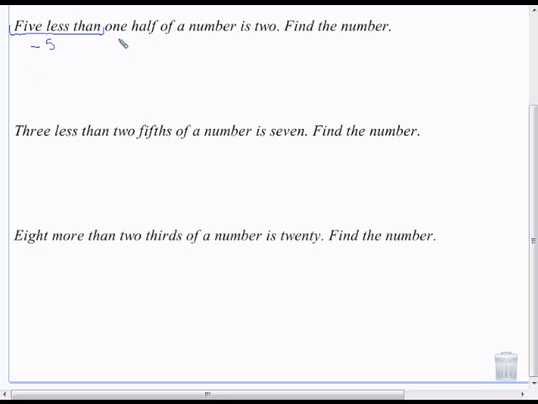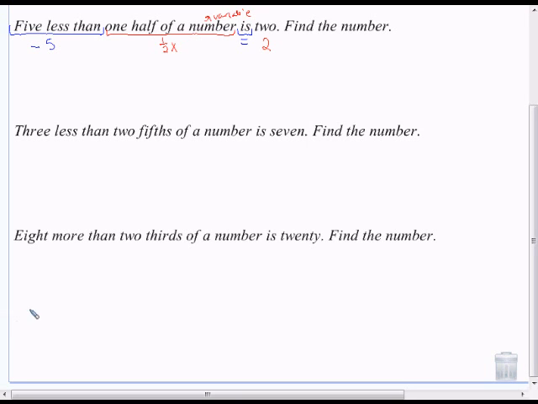And then I have 1/2 of a number, so 1/2 times x, y, z, whatever letter you want to use. A number is just your variable. Is means equals. And 2 means 2.